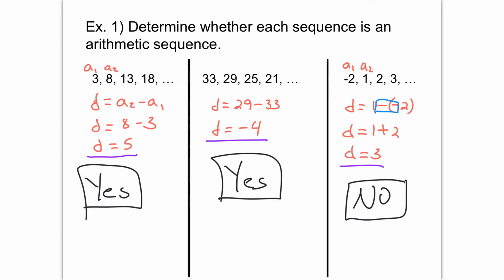First of all, you have to find the pattern, what number you're adding every time, and then check that it works every time for every number. Remember that if you have a negative, you're actually subtracting, so you have to be careful with that. If you have a positive common difference, you're adding. So make sure you check, and it has to work, once again, every time to say it's an arithmetic sequence.